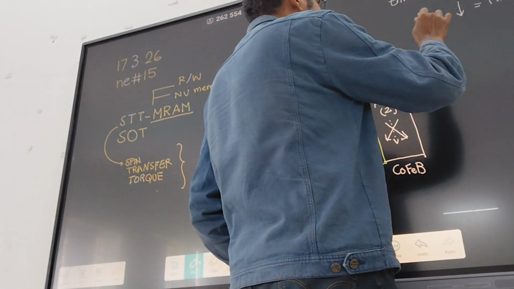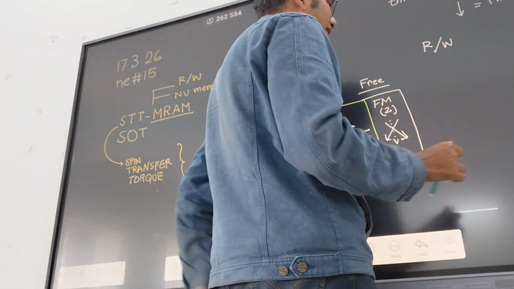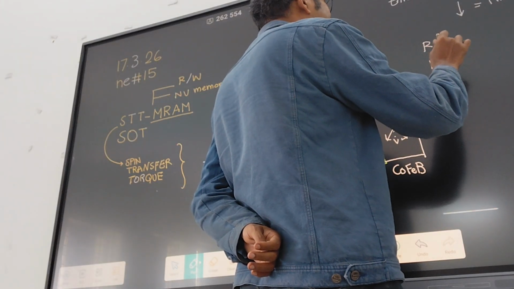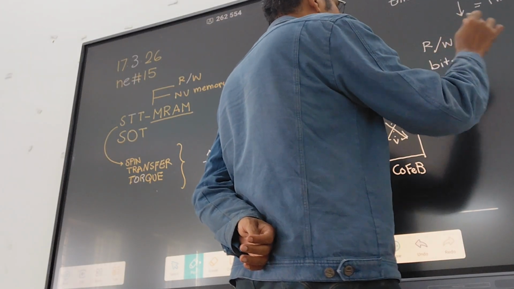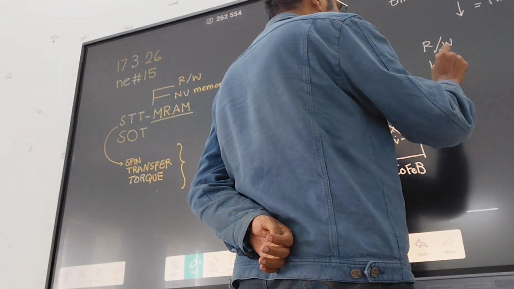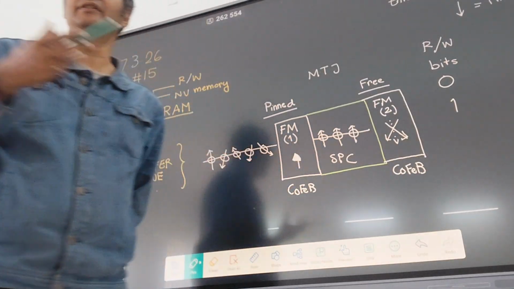Now, when I say read and write, I'm referring to bits. A computer reads and writes through bits 0 and 1. It can be 0 and it can be 1. Based upon these two orientations, it will read and write.